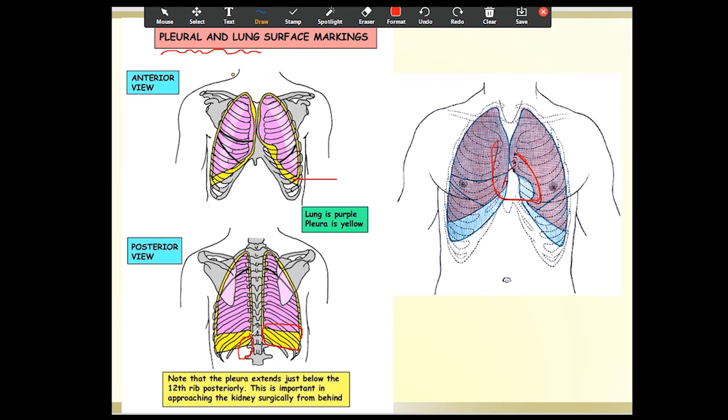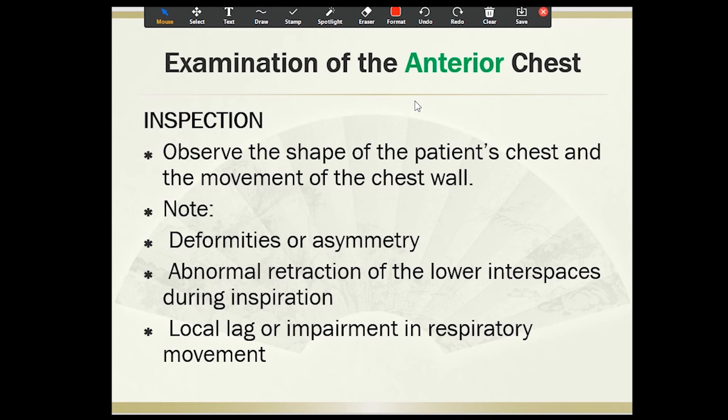This area is where the kidney is located. Because the right side has the liver, the left kidney is a little higher and the right kidney is a little lower, about half a rib lower on the right side compared with the left. So basically we can hear different sounds from different organs by percussion.